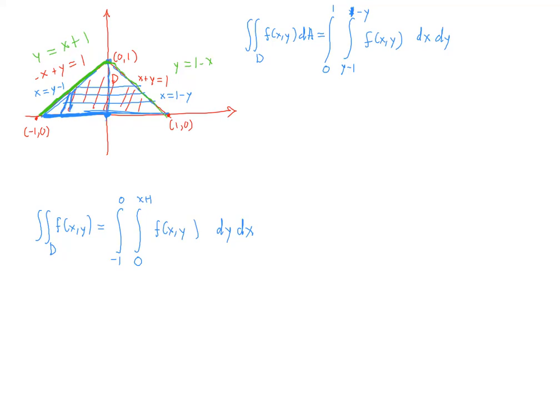It's going to give you the integral over simply this part, which means that you will need a second part where now you're going to go from 0 to the boundary being 1 minus x of the function f of x, y, dy again. But now the horizontal range over which this is valid is from 0 all the way to 1.